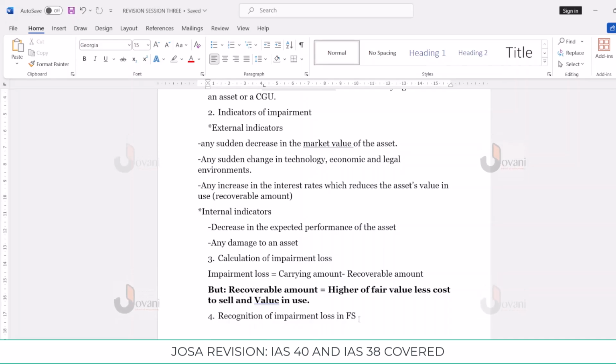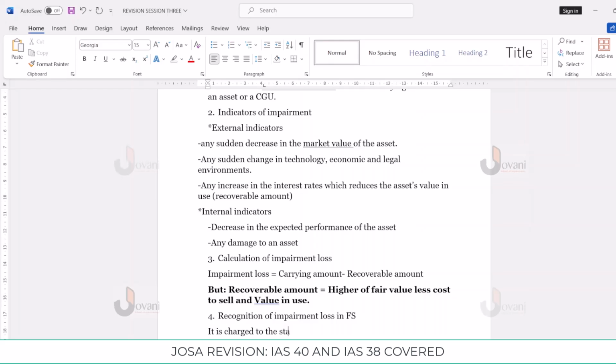How do we recognize impairment loss? Where do we take impairment loss? Is it in profit or loss, or in the statement of financial position? Profit or loss.